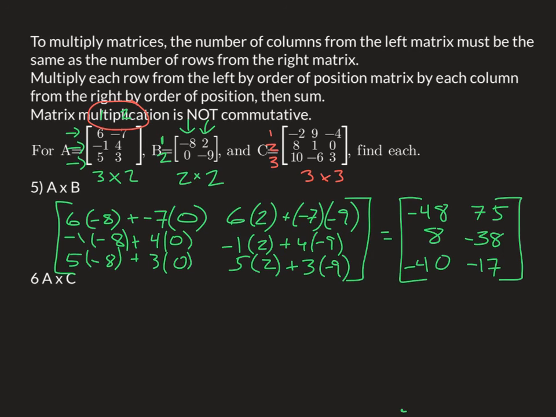So if I were to try to take 6 with negative 2 and then add on negative 7 with 8, and then there's not a number here to multiply by the 10 in that last part there. So because those numbers don't match, the number of columns from the first and rows from the second, this multiplication is not possible.